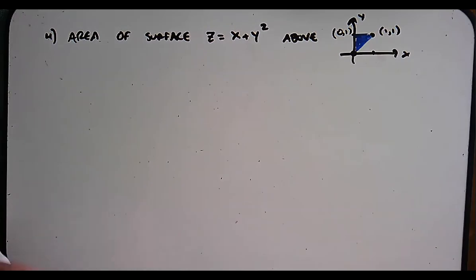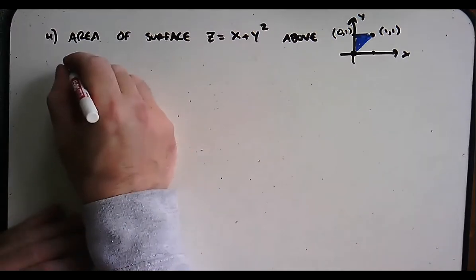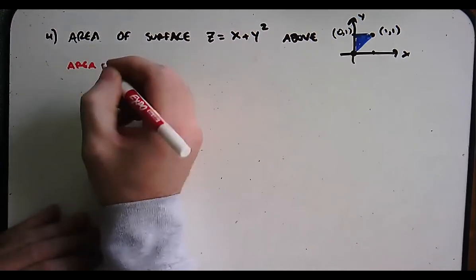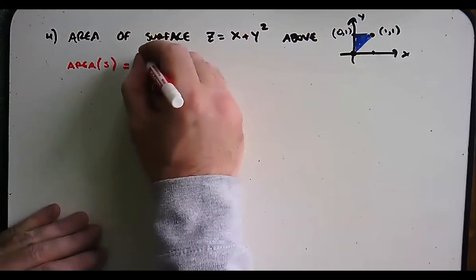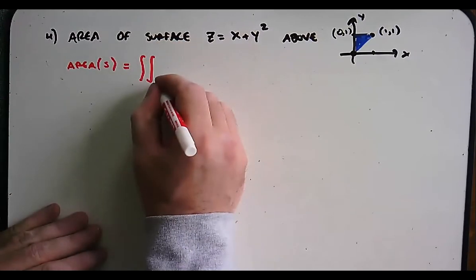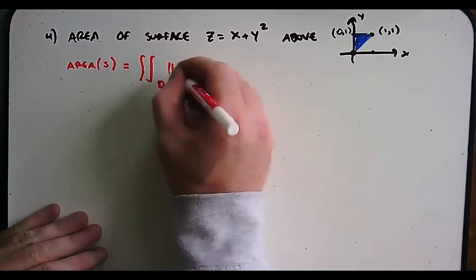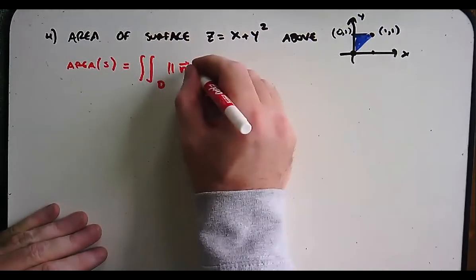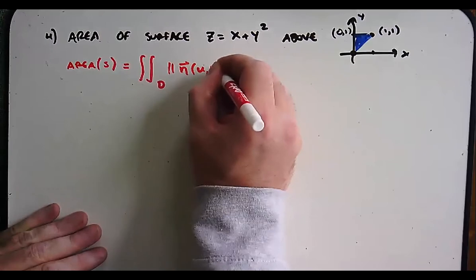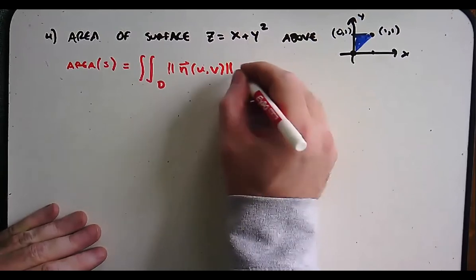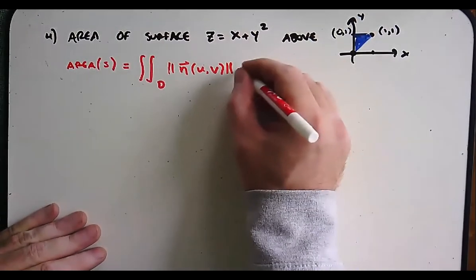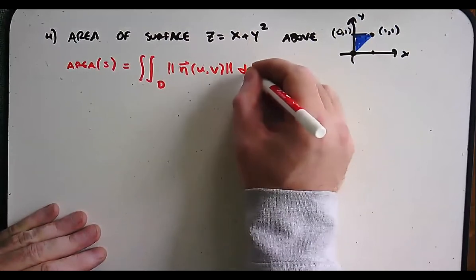And what that allows us to do is to use a formula actually from 16.4. The derivation is in your book if you're interested. So here it is. So the area of some surface S is going to equal a double integral over D of the magnitude of the normal vector, right, using our parameters u and v, times dA, or if we're using u and v as our parameters, that would just be times du dv.